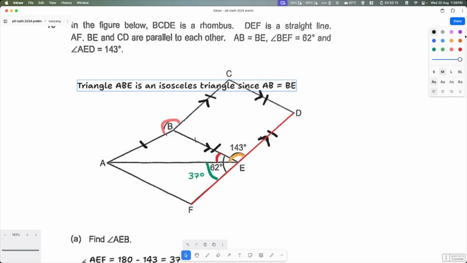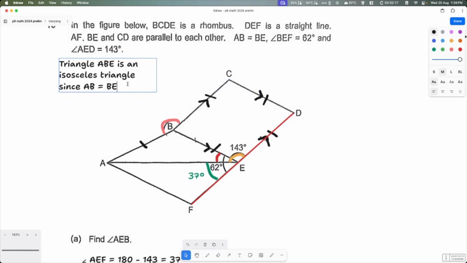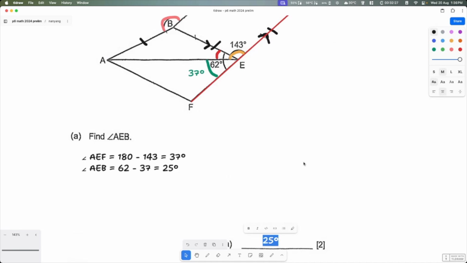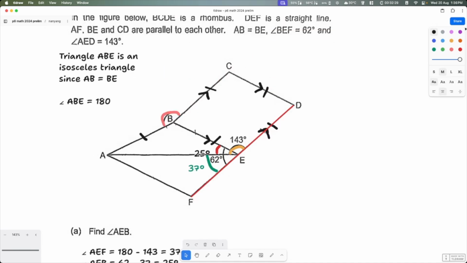So triangle ABE is an isosceles triangle. That means to get angle ABE, which is equal to 180, and then the red one, 25 degrees over here. Let me make this red. This one is also 25 degrees.